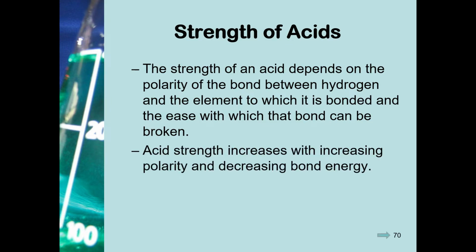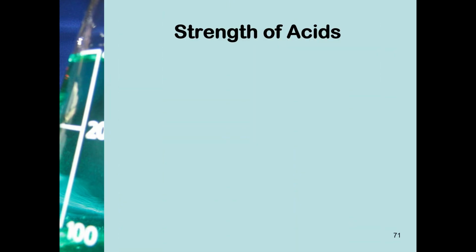So acid strength increases with increasing polarity. So the more polar the molecule, the stronger the acid, and the weaker the bond energy, or the energy that I have to put in to break it apart. That's bond energy. The less that is, the easier it'll form ions.